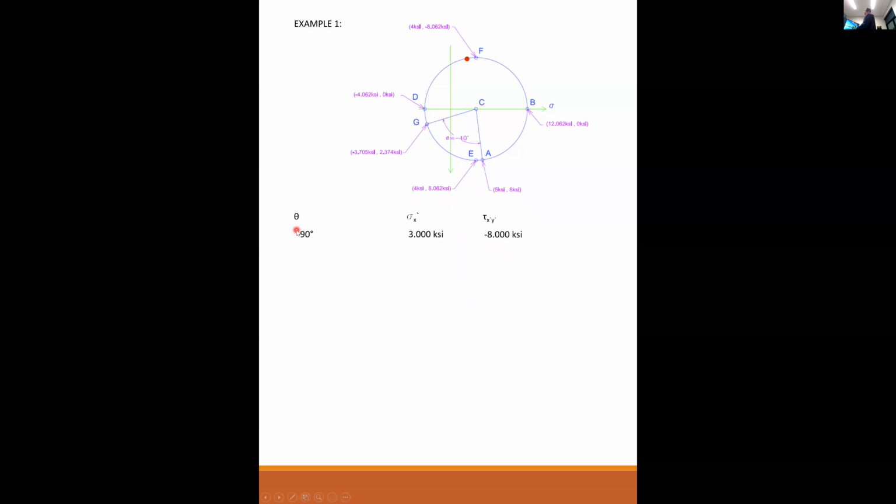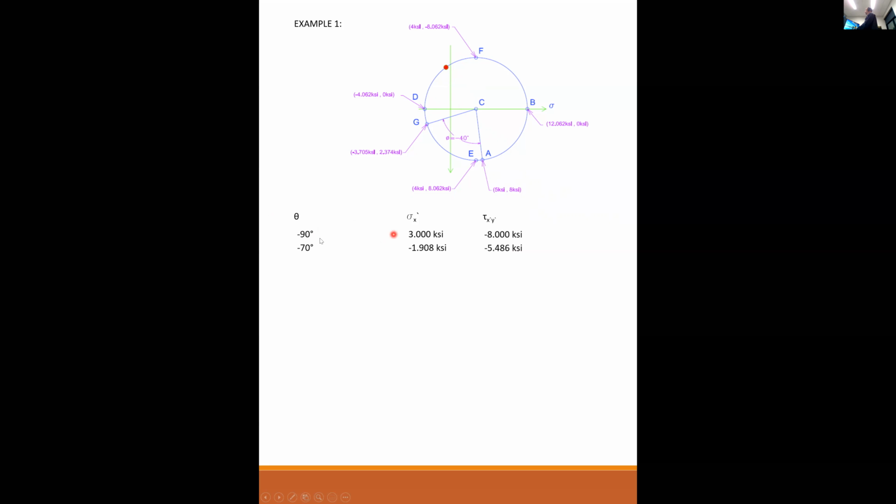So minus 90 means that you go from A minus 180 degrees, and there's your point right there. That's my minus 90 point. And as you can see, it's a positive 3, and the height of this is minus 8. So there's that first point at minus 90.